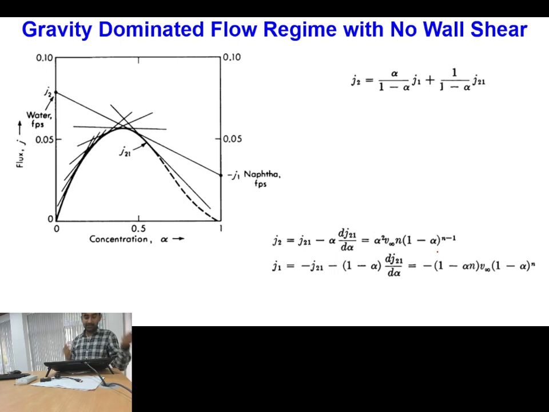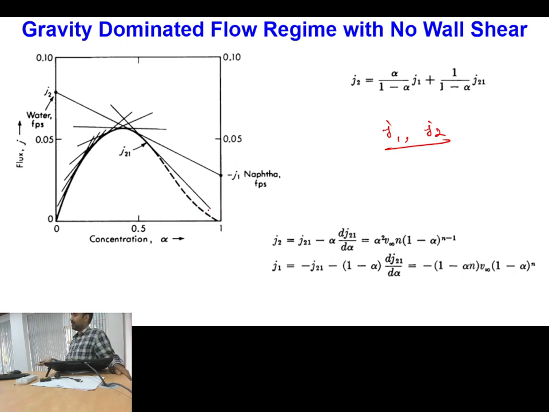For the graphical method, if you do experiments corresponding to the flooding point and record the values of J1 and J2, you can form a large number of straight lines. You can plot all these straight lines and fit a tangent to all of them, which will give you the system characteristic curve.